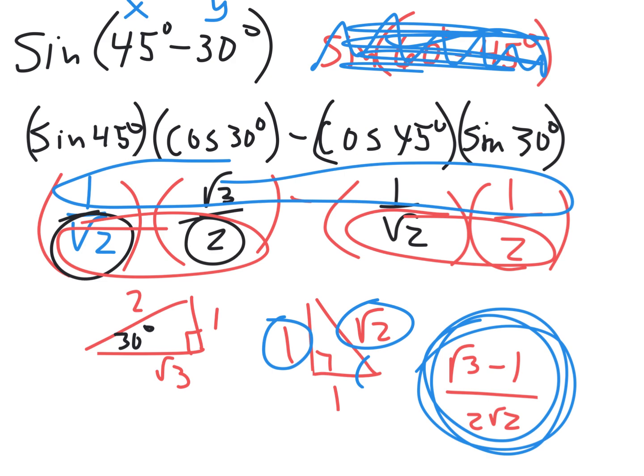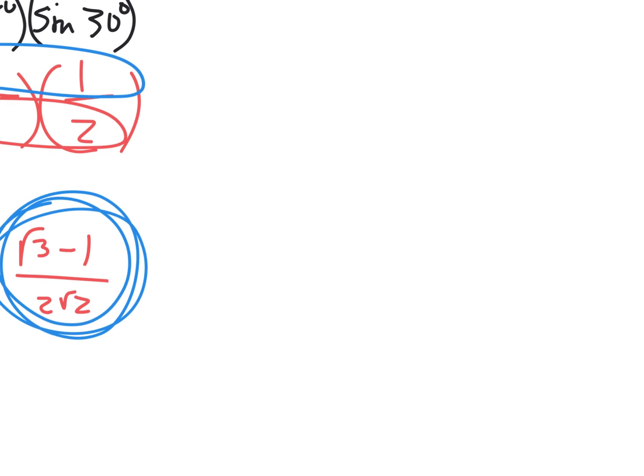You can have the right answer on your page, and if you keep going and screw up the rationalizing, now you lose the point. So that's why I'm being kind of harsh on the rationalizing. Is it allowed? Yeah, it's not wrong. It's just extra work that you might mess up.